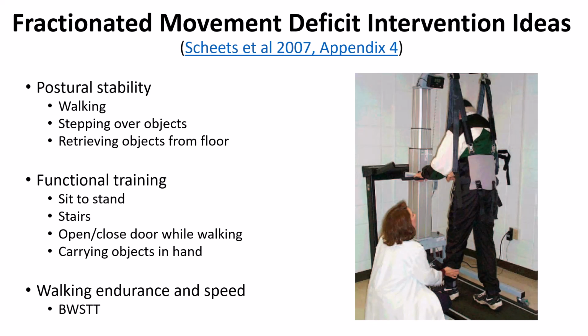And to get them out of the habit of using something like a cane, you might want to have them carry objects in their unaffected hand too, and again, work on their balance, because these are very functional activities. The picture on the right-hand side of the slide shows increasing a patient's walking endurance and speed using bodyweight supported treadmill training, and this is something that we will practice later on in the semester during lab.